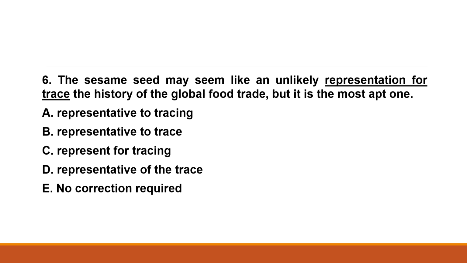So, the error in the underlined part is the inappropriate use of the noun "representation" and the preposition "for". Replace "representation" with "representative". Representative means an example of a class or group.